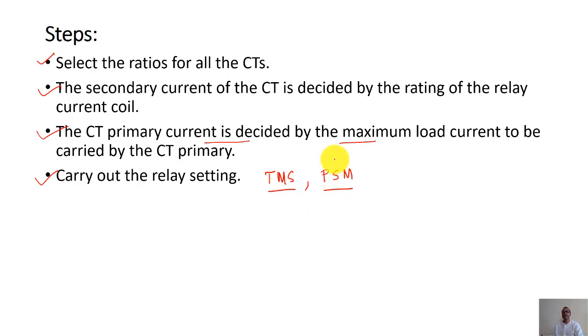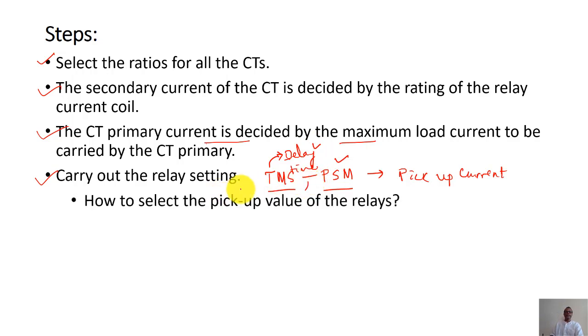This in fact gives us the pickup current, and the TMS gives us the delay time. And as we know, this is a definite time relay, so we'll have a fixed delay time, right? Okay.